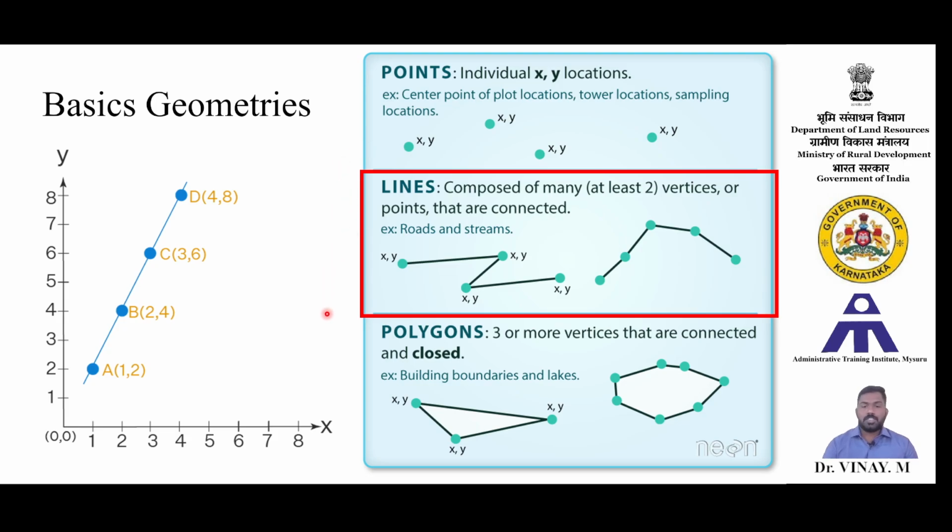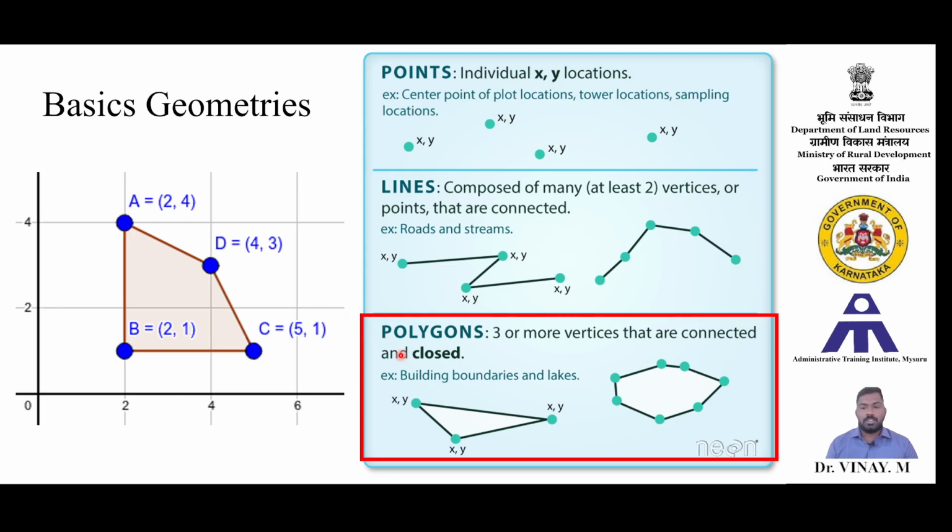When it comes to the polygon, it is a closed feature. To construct a polygon, a minimum of three points are required. When you connect all three points, the basic geometry forms, that is the triangle. Using a triangle, we can study the area of it. So the unit of the polygon becomes area.